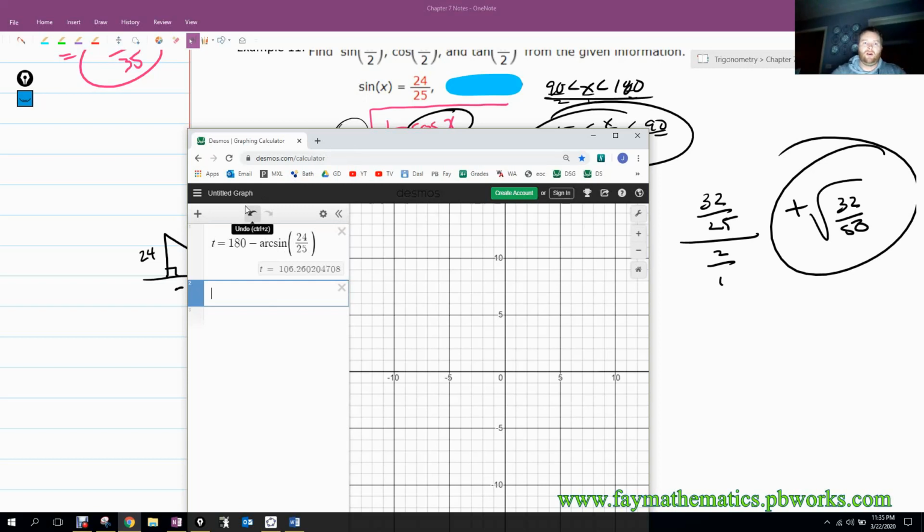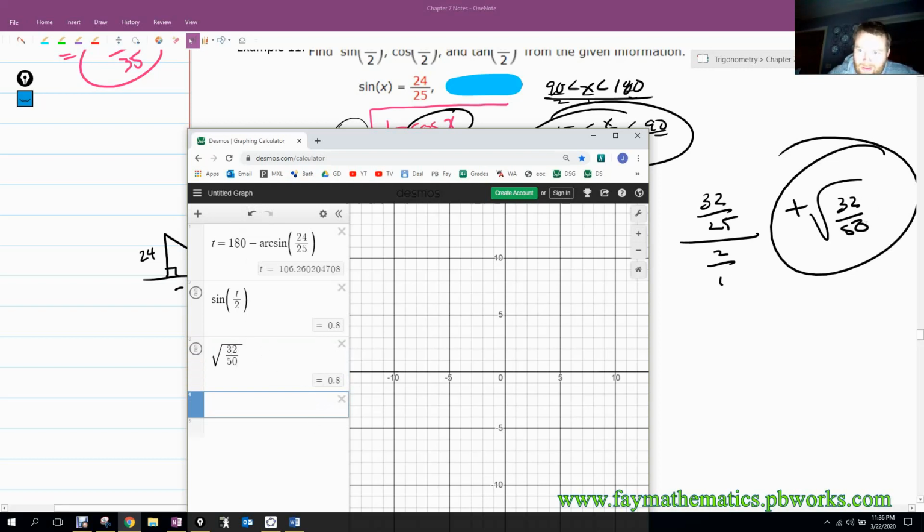Then if I want to find sine of the half angle, it would be x divided by 2, which turns out to be that number right there. If we go square root of 32/50, you see that it gives me ultimately that, so that'll reduce to 4/5.